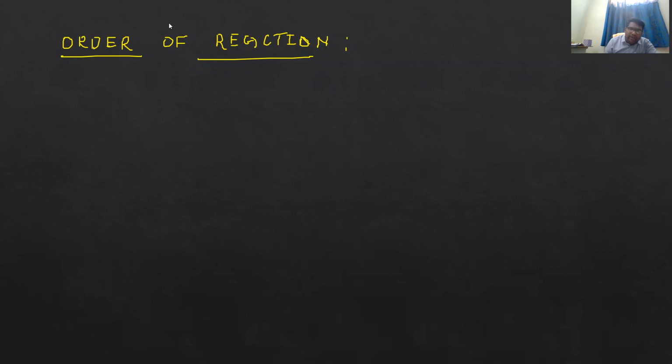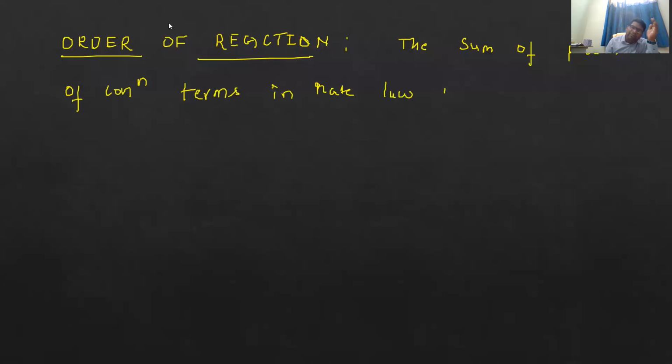What is the definition for order of reaction? The sum of powers of concentration terms in the rate law or rate equation.